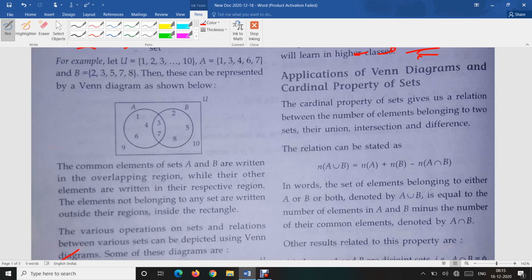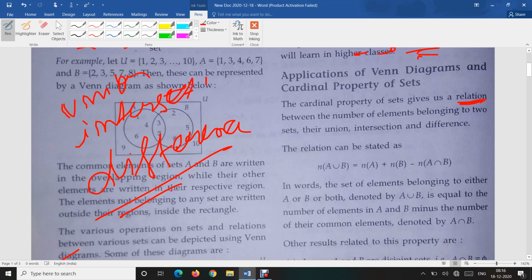Now the cardinal property of sets gives us a relation between the number of elements belonging to sets. It is nothing but a relation between the number of elements belonging to two sets. You are given two sets and you have to set a relationship between them.